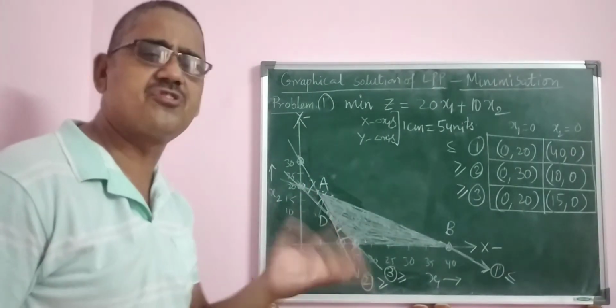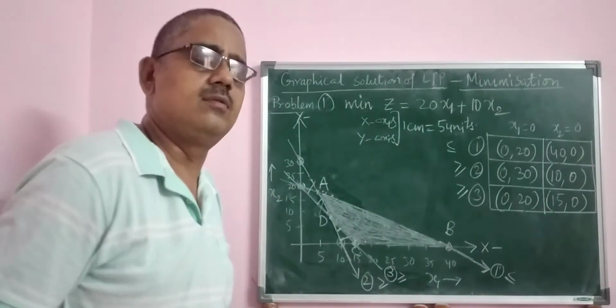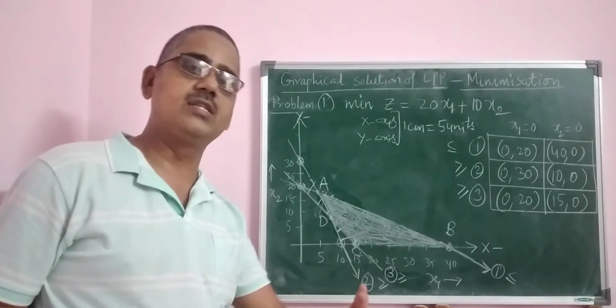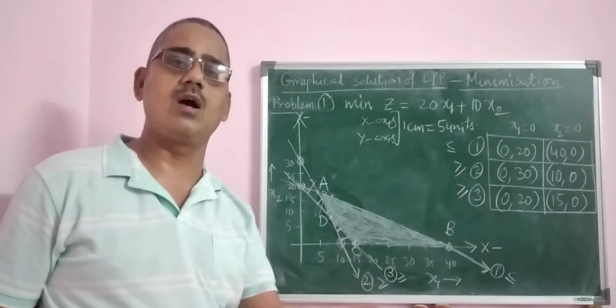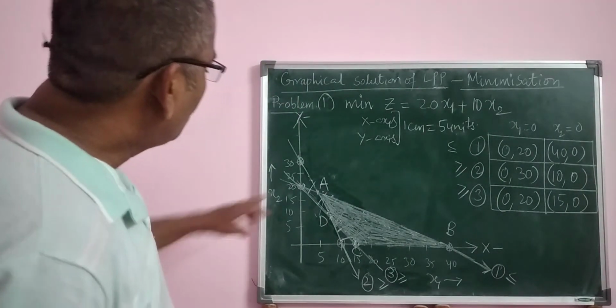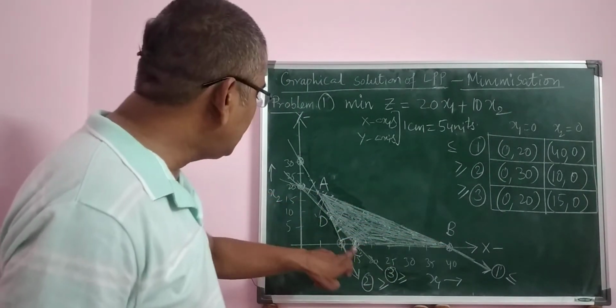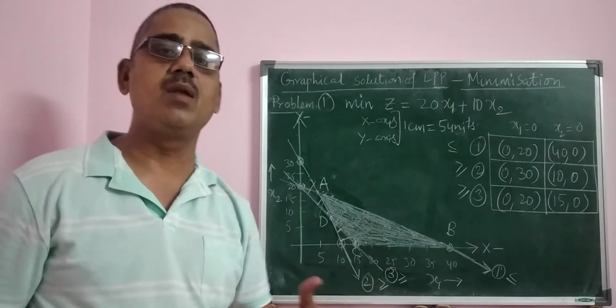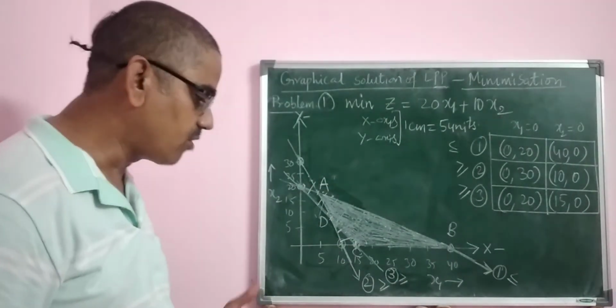The labels A, B, C, D are not what is important. What is important is which particular point A is, and for B, what the x1 and x2 values are. So A, B, C, D is the common region, a feasible region satisfying all the constraints.